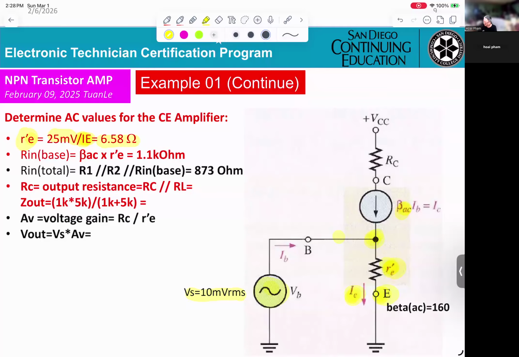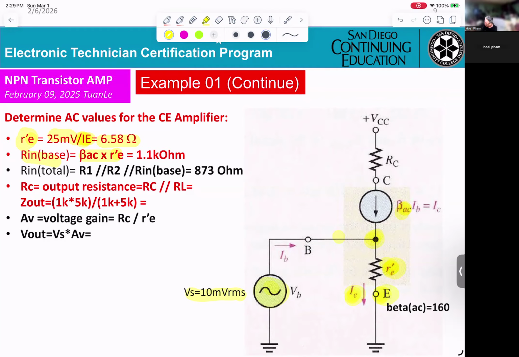So that's why you get 6.58 ohm. Now, Rin base equals beta times r prime e. That means Rin base is the input impedance at the base. Okay?